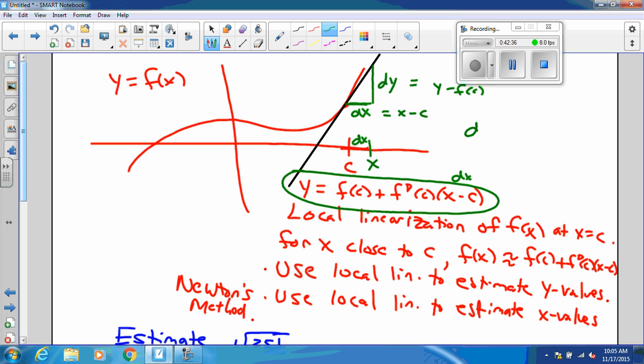And if you look at this equation right here, what it's really saying is that dy, which is y minus f of c, is equal to f prime times dx. Just by relabeling what we did here. Now, Leibniz would have loved this.